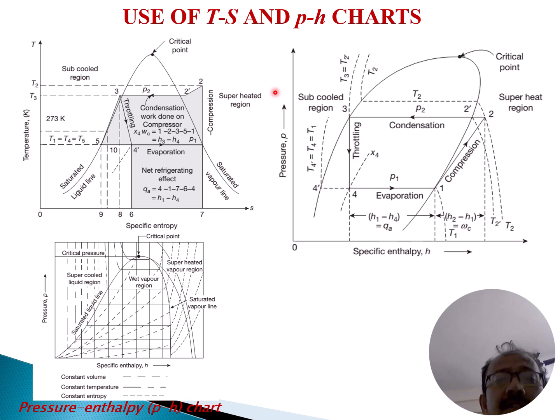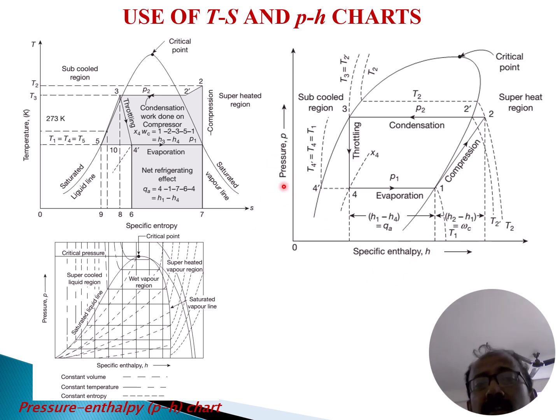Now state point 1, 1 to 2 is the compression part, 2 to 3 is the condensation part, 3 to 4 is the throttling or sudden expansion, and 4 to 1 is the evaporation.